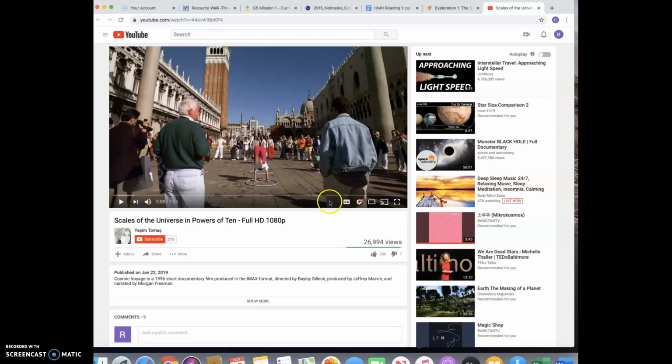I found this great Morgan Freeman Powers of 10 Scales of the Universe video, where if you watch down in this lower left corner here, you take a 1 meter hula hoop, and if you multiply that by 1 power of 10, you'll get a circle of 10 meters. And if you keep going out, you'll end up with a scale model, essentially, of the entire solar system. So I thought that would be a good visual for them.